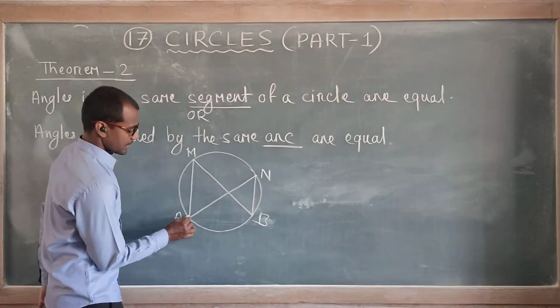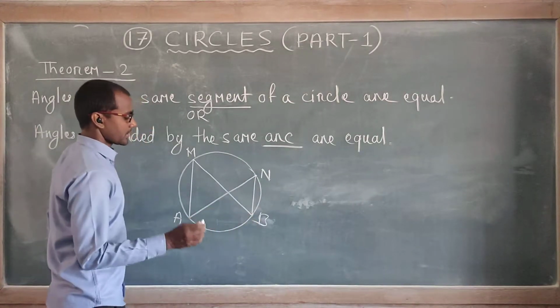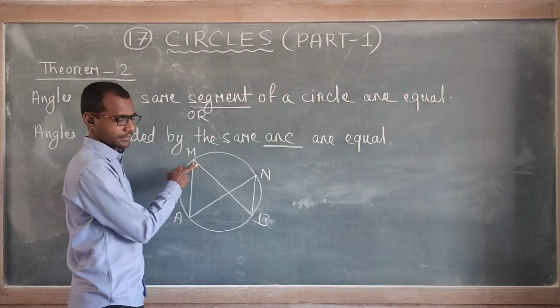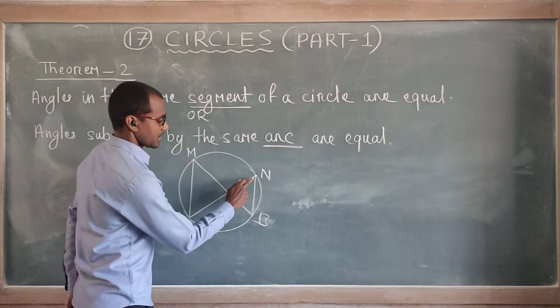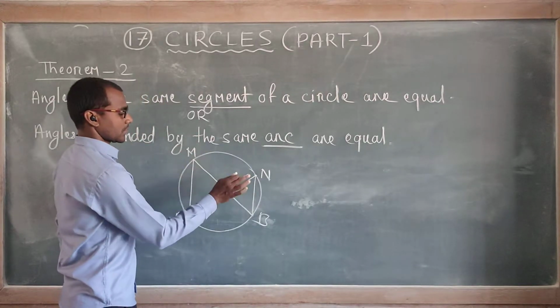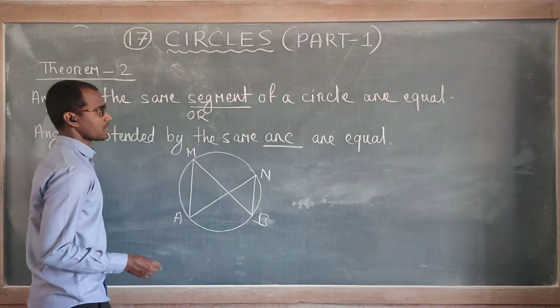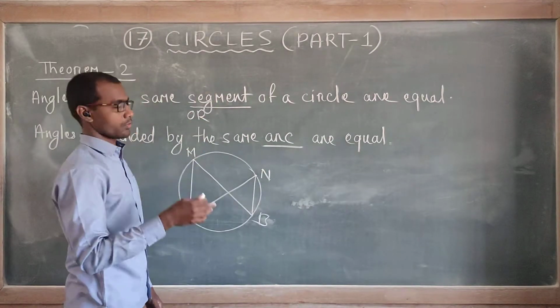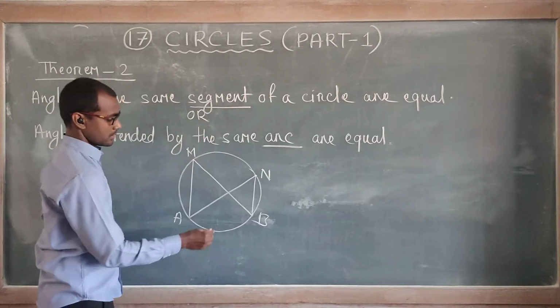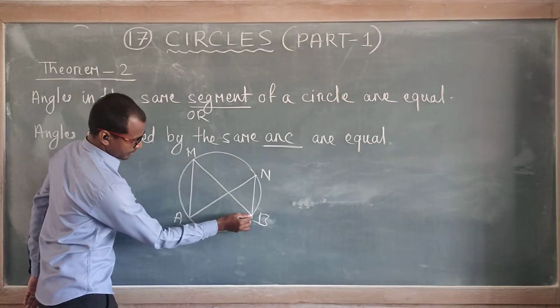See, the arc AB is subtending some angle at point M. The same arc AB is subtending some angle at point N. Now by this theorem, these two angles are equal. Or by the theorem that is given in the book, angles in the same segment are equal. For that we have to join AB to understand.